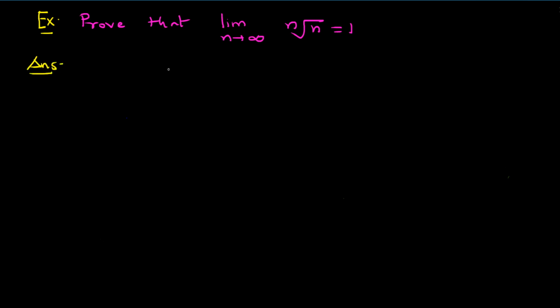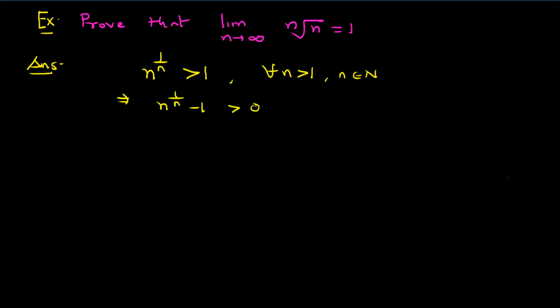We know that this n raised to 1 upon n, that is nth root of n, is greater than 1 for every natural number n greater than 1. Okay, here n is in N. So this implies I can say n raised to 1 upon n minus 1 is positive.